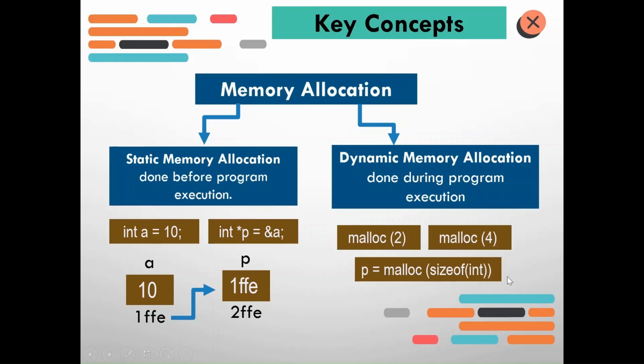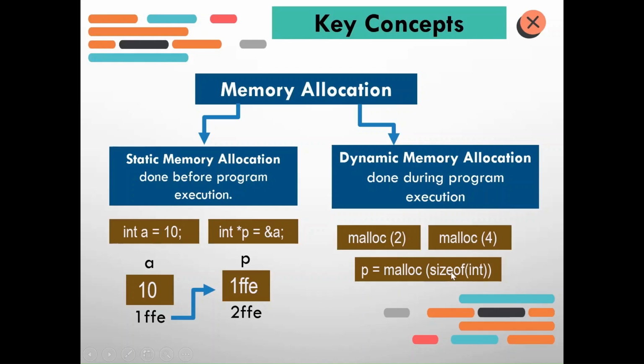We'll be discussing that shortly. For the time being, let us concentrate on this integer part or the float part. If you are writing malloc sizeof int, it means a memory allocation of 2 bytes would be done. If I write malloc sizeof float, it means a memory allocation of 4 bytes should be done, and the same for a character.